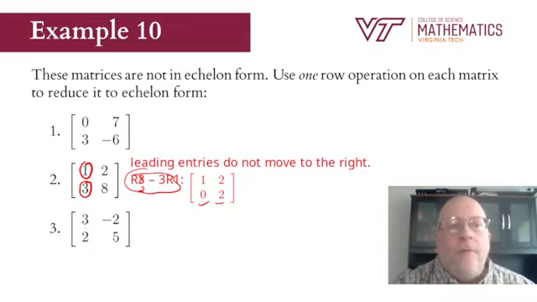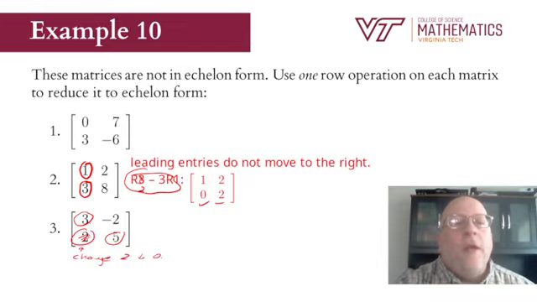So in the third example, again, the leading entries are not in left to right order. I need to make this 2 into a 0 so that the 5 will be the leading entry or whatever is there. So I want to change 2 to 0.